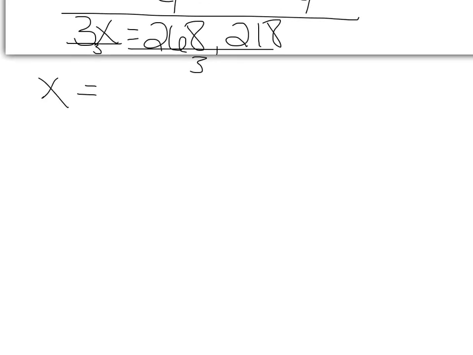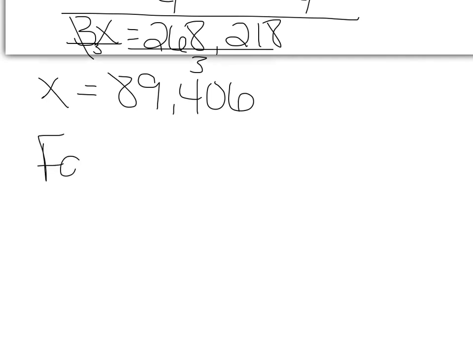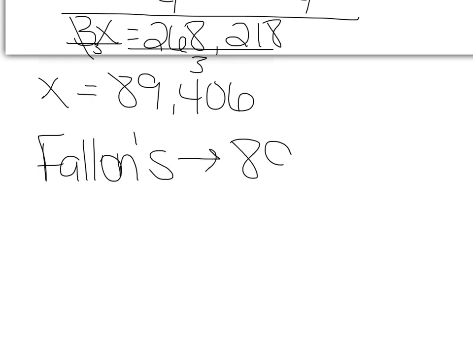You get x equals 89,406. So that is going to be Fallon's zip code. So that's 89,406. And then next is Fernley's.